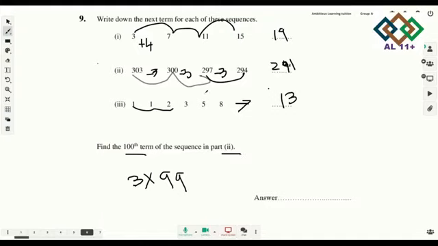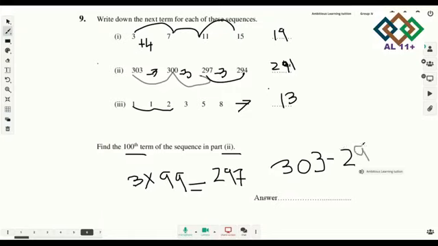In part 2, we were minusing 3, so I'm multiplying it by 100. That's an easy one. You will get 297, and then you need to multiply it by 303 minus 297 to get what your sequence is for this one.